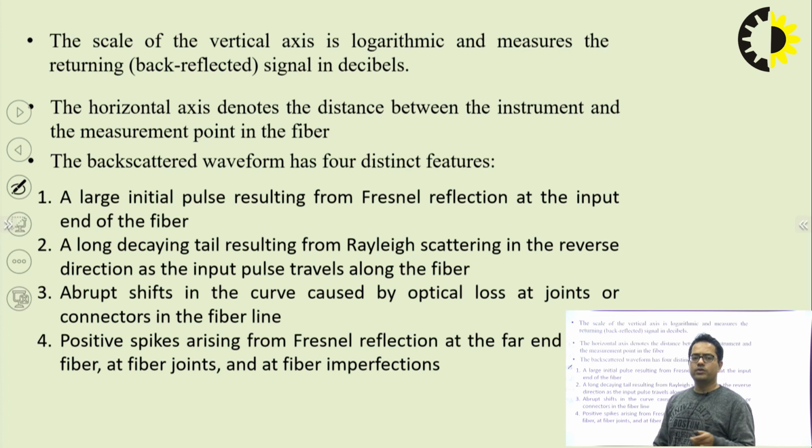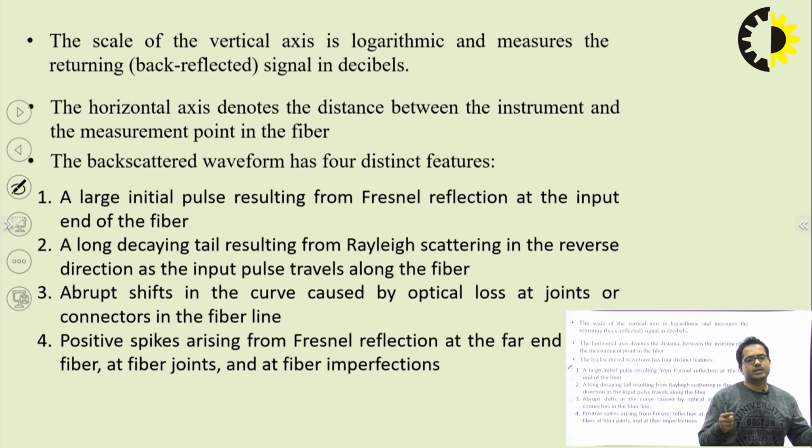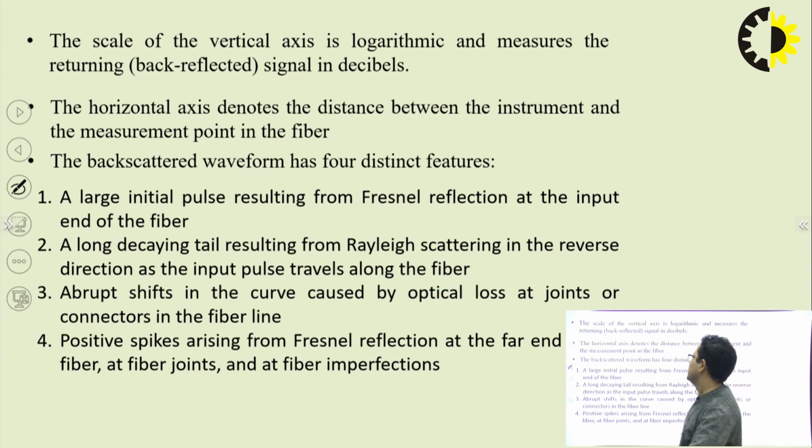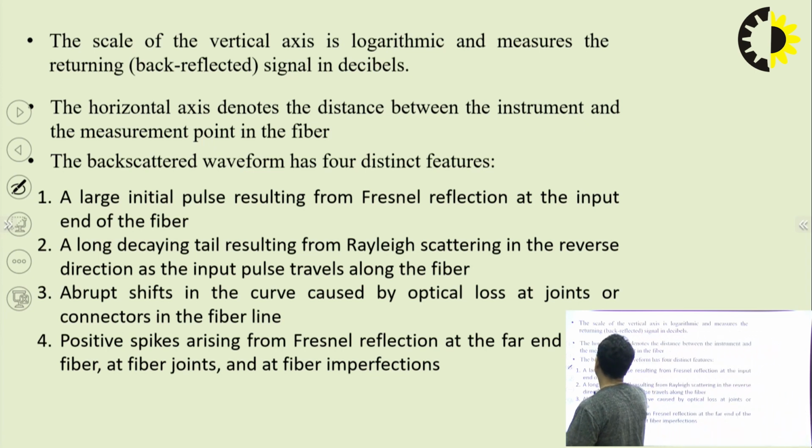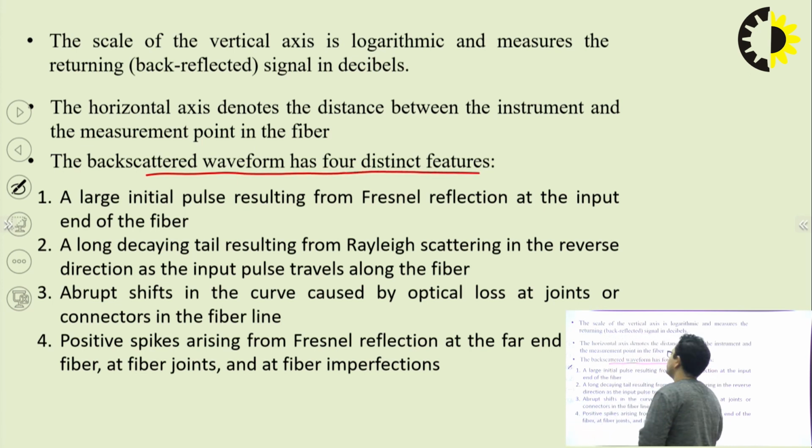If you are able to locate the distance between the measurement point and the instrument at which it is placed, you can easily locate that at this distance there is some kind of fault, and you can inform a technician to go and remove that fault, so that we can get the maximum performance.